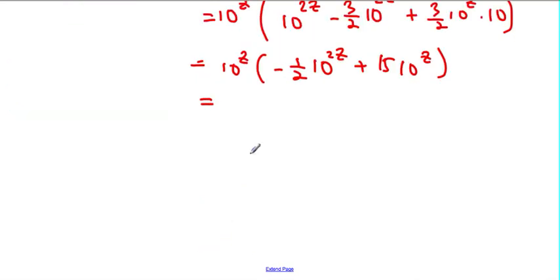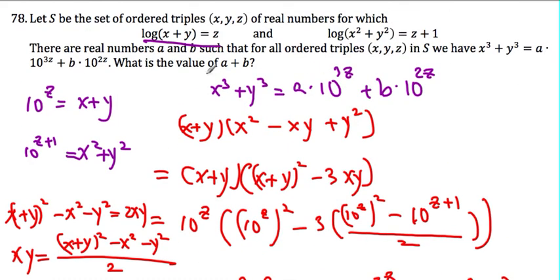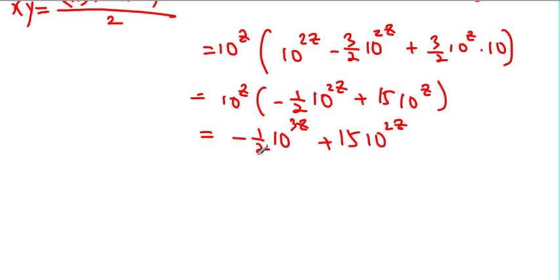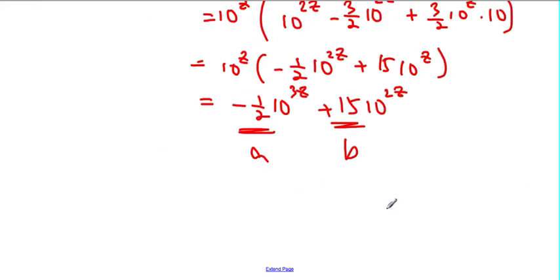When I distribute 10 to the z power to all three terms, then we end up getting negative 1/2 10 to the 3z, and then plus 15 times 10 to the 2z. Then, as you can see by comparison, a is the coefficient of 10 to the 3z, which is equal to right over here, and this becomes b. Now, we are looking for a plus b, so then here, a plus b becomes 14.5.